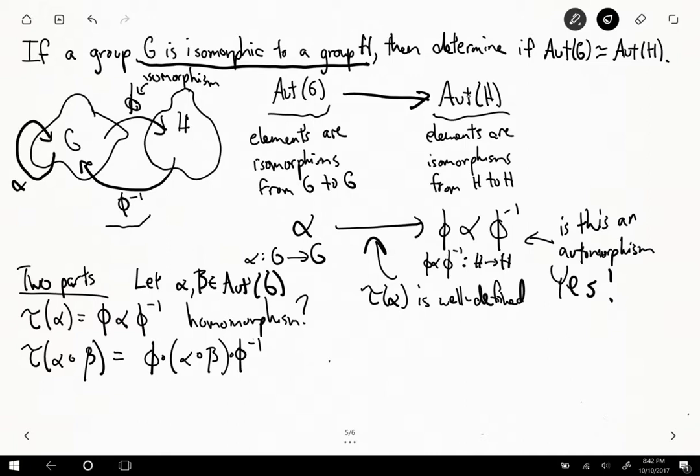Well, it might look kind of scary right now, but we need a slick trick. Actually, rather than do a slick trick, I'll go through another route. What is tau of alpha composed with tau of beta?